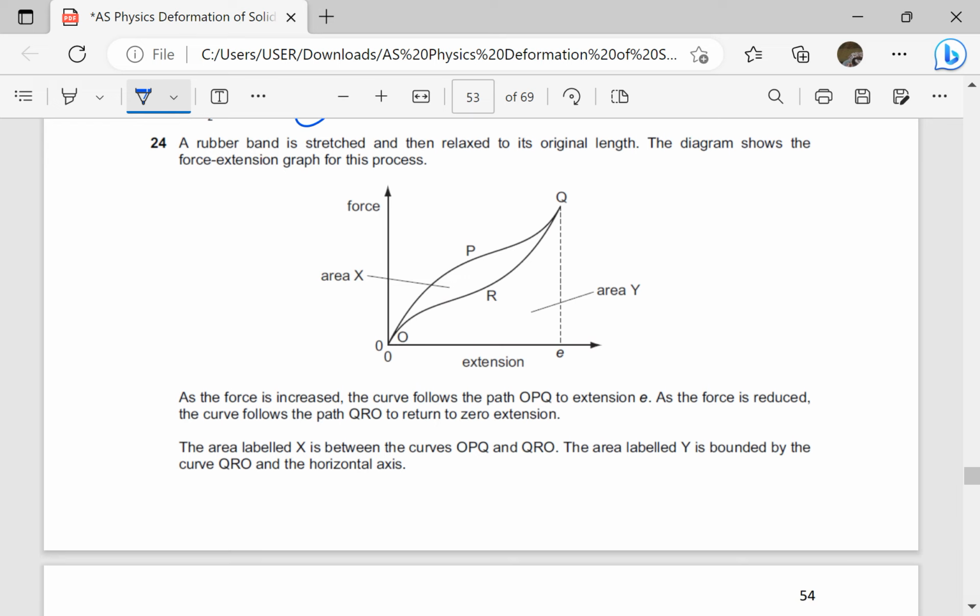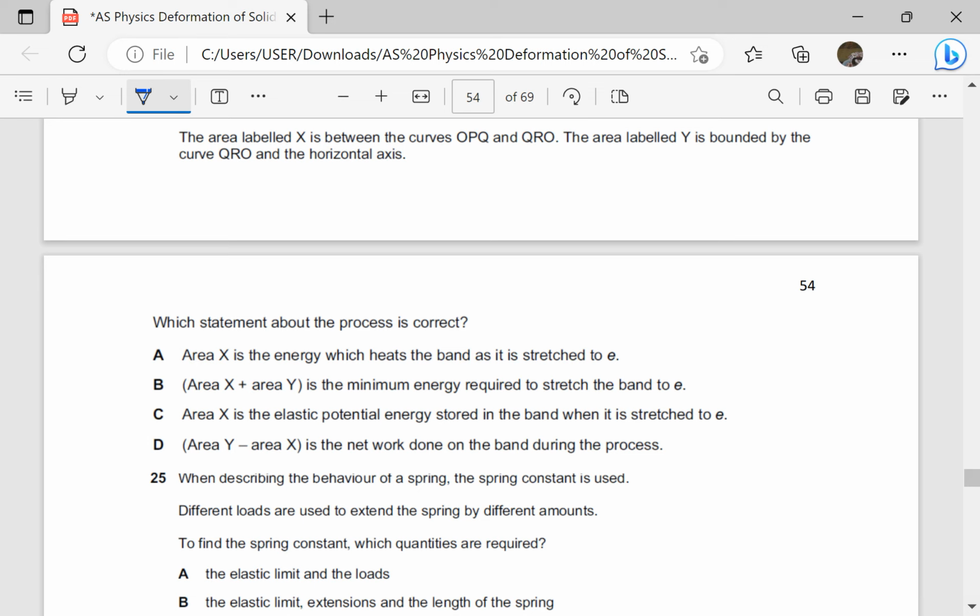The area labeled X is between curves OPQ and QRO. The area labeled Y is bounded by the curve QRO and the horizontal axis. Which statement about the process is correct?